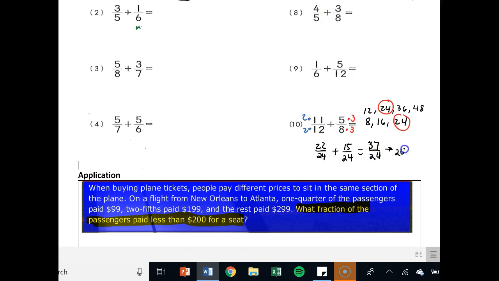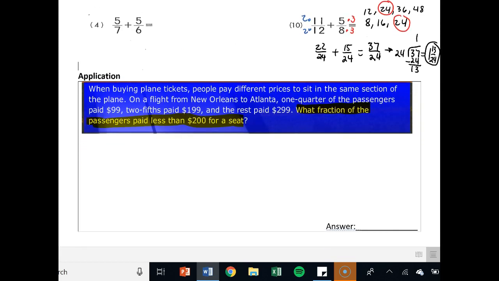We change that to a mixed number. 24 goes into 37 one time, and there's 13 left over. So my actual answer then should be 1 and 13 over 24, and I should circle it, right? And again, no improper fractions for answers. If there's an improper fraction, change it to a mixed number.